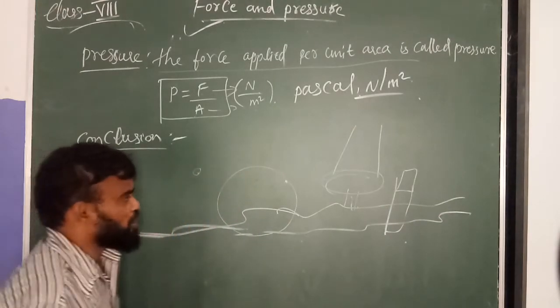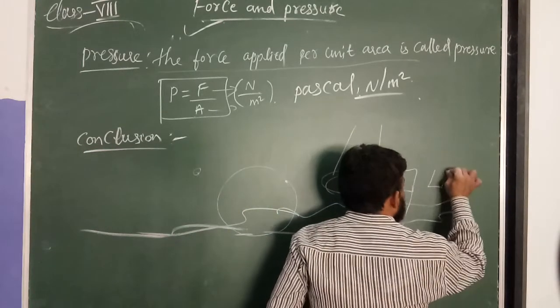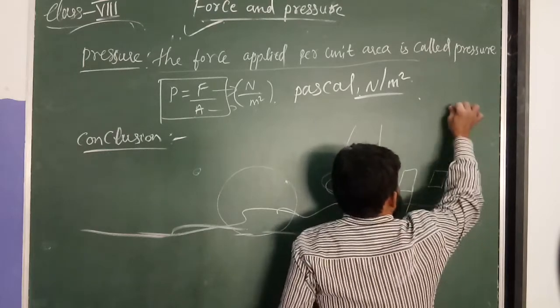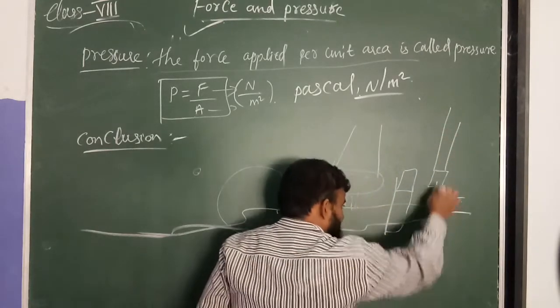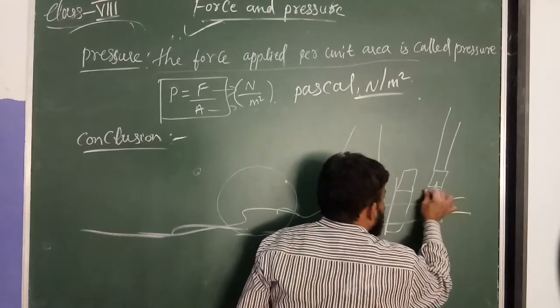A horse also has small hooves like nails, and it will go inside suddenly, because the area covering is less.